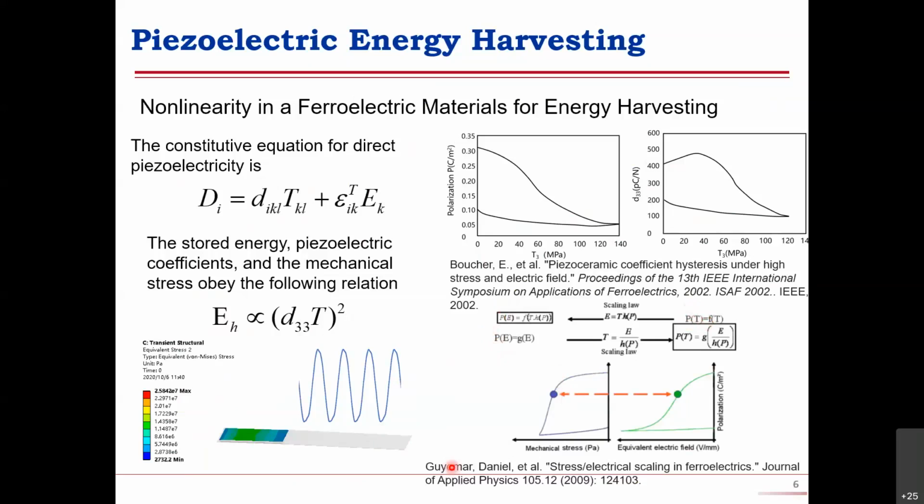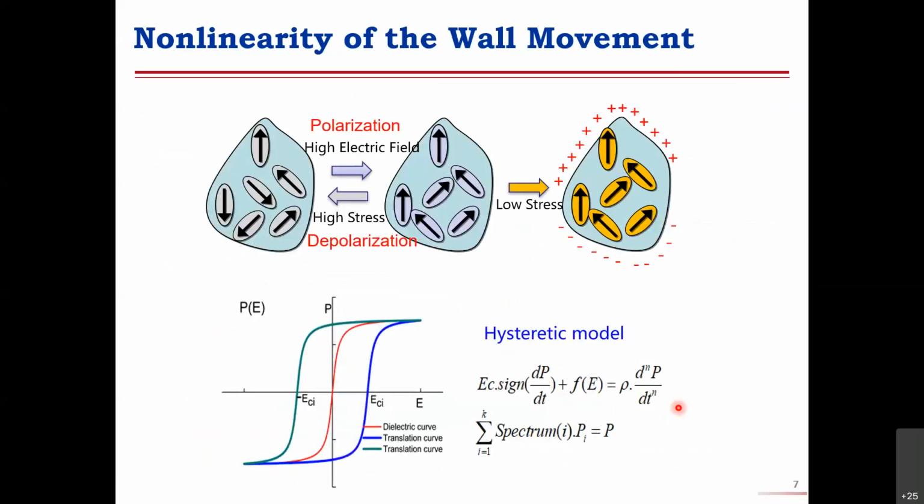And Professor Guillermo Daniel has already made this scaling law between these two models. So in my study, first we studied the piezoceramics. For example, this is a piezoceramic, where the dipoles are randomly arranged in the material.